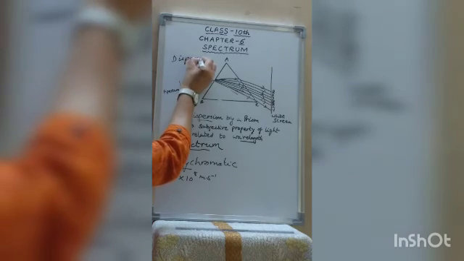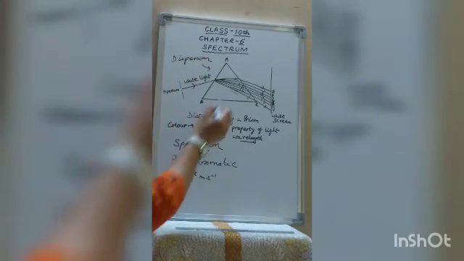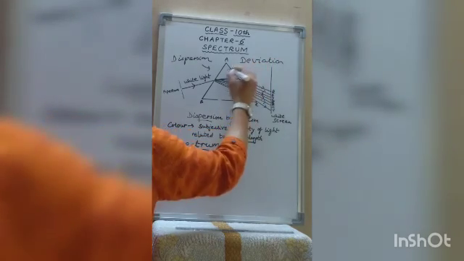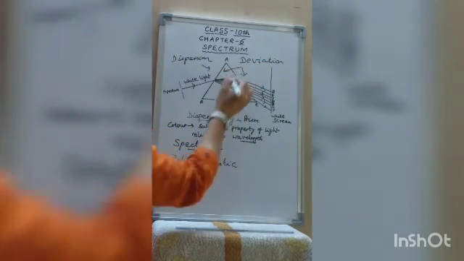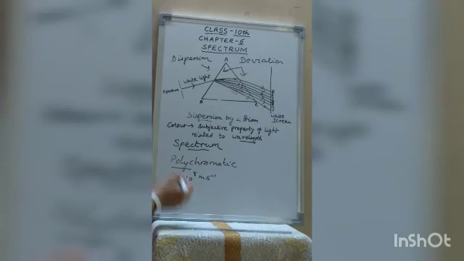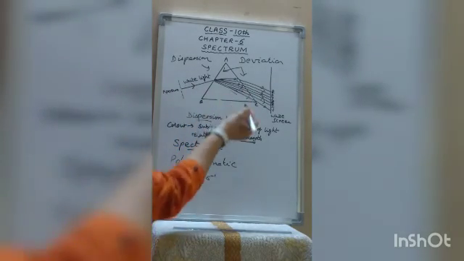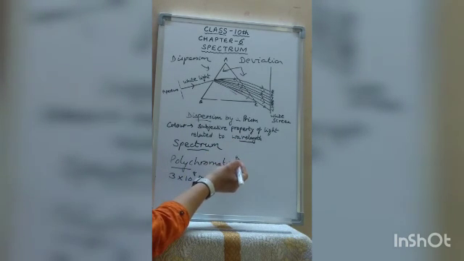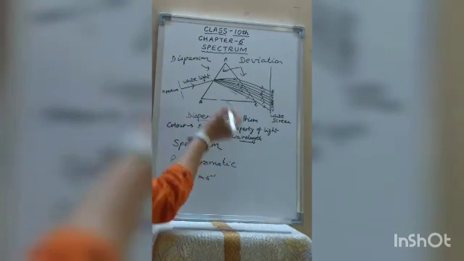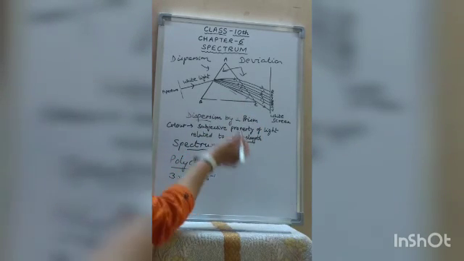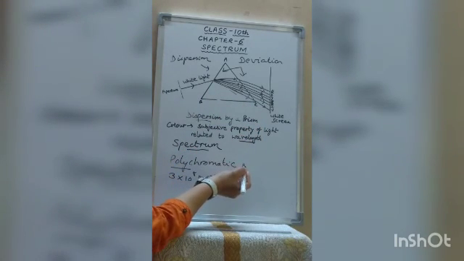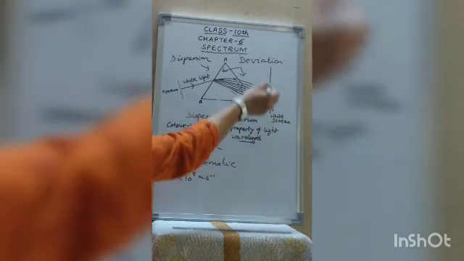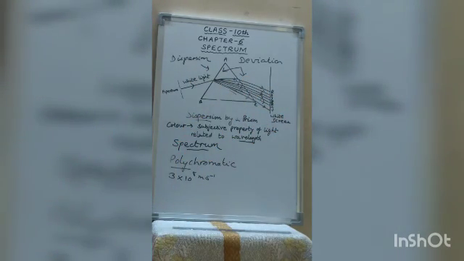Because of this different speed of colors, the colors are deviated through different angles. Violet is deviated the most and red is deviated the least, and the light which comes out from the prism spreads out to form a spectrum on the screen.